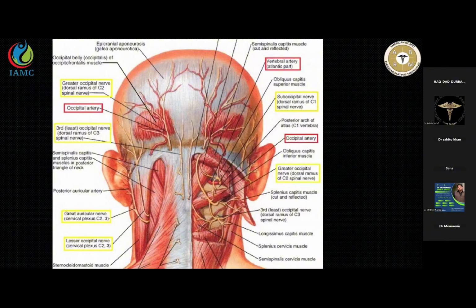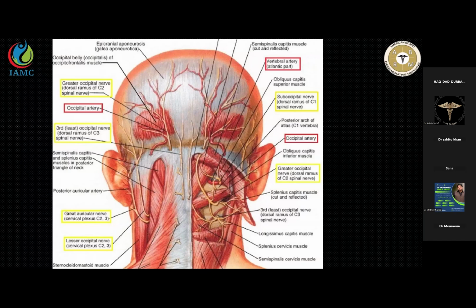The lesser occipital nerve originates from the ventral rami of C2. So the GON is more sensory than the lesser occipital. And then there comes the third occipital nerve, which arises from the third spinal nerve.